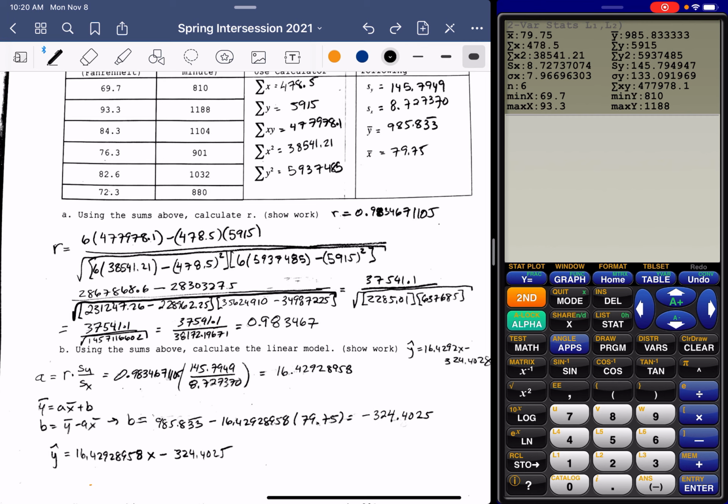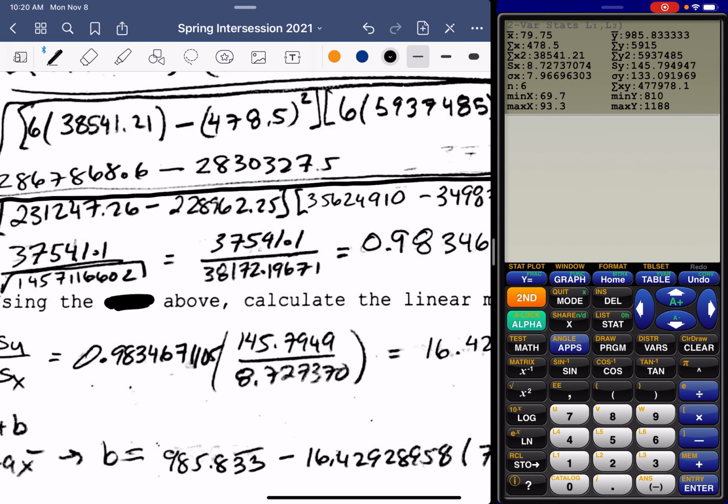On the test, it probably won't say sums, okay? It's probably going to say use the alternative form. I'm going to delete this, okay? Sorry about that. If you use the sums to calculate, that's fine.